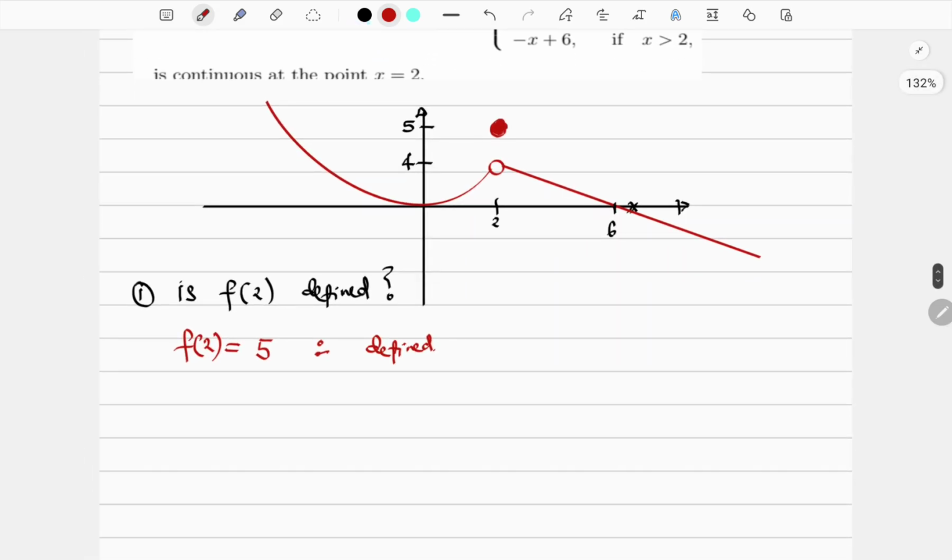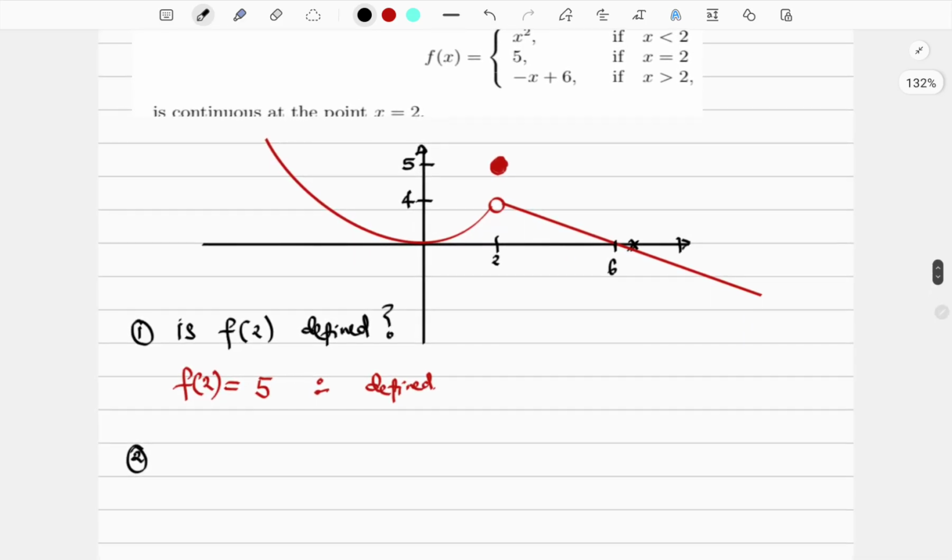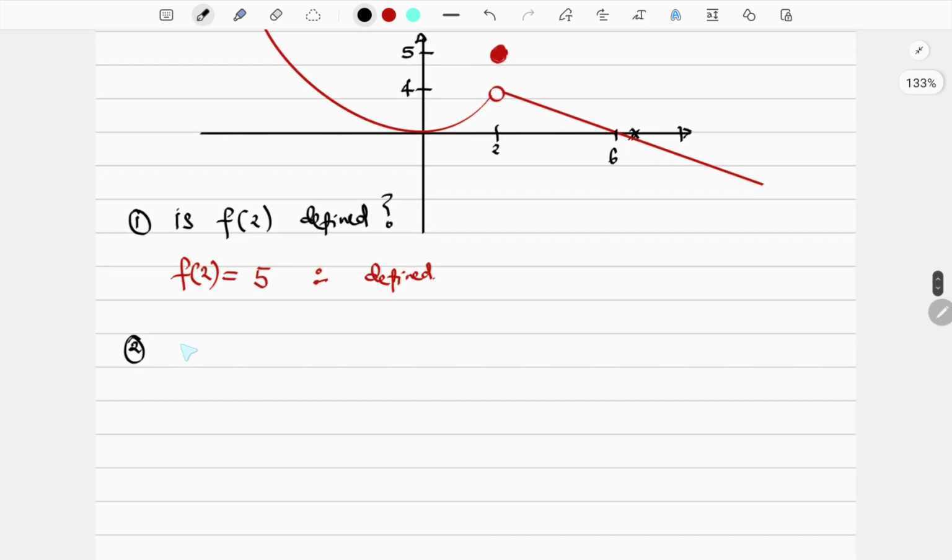Then the next question we ask ourselves is number 2. Number 2, we ask ourselves whether the limit as x approaches 2 of f of x is defined.